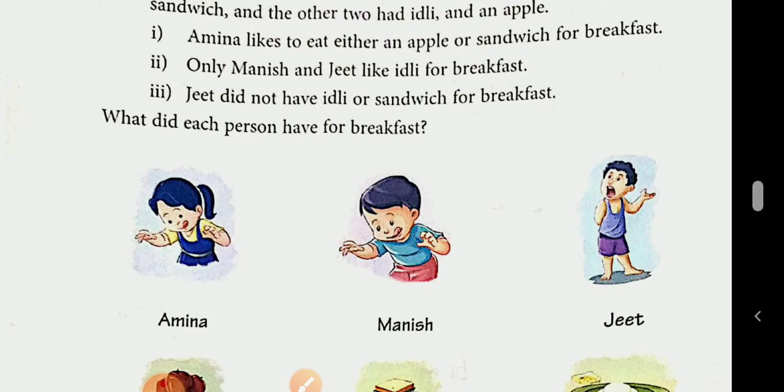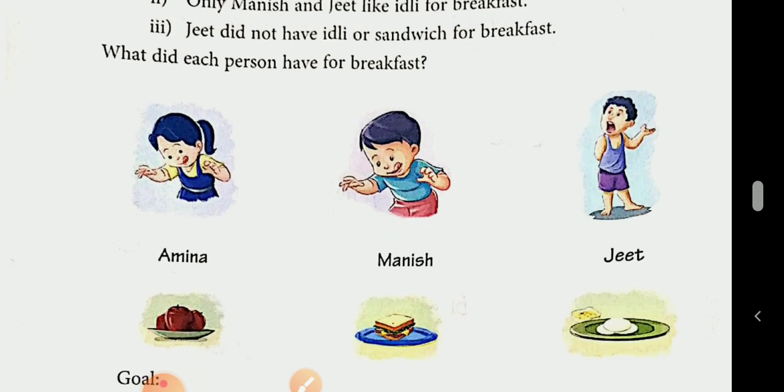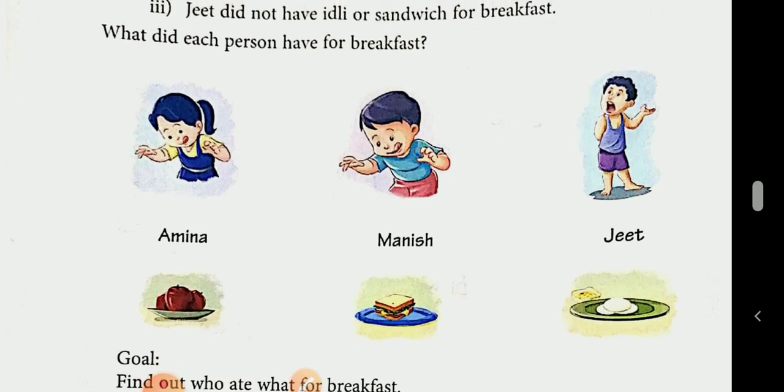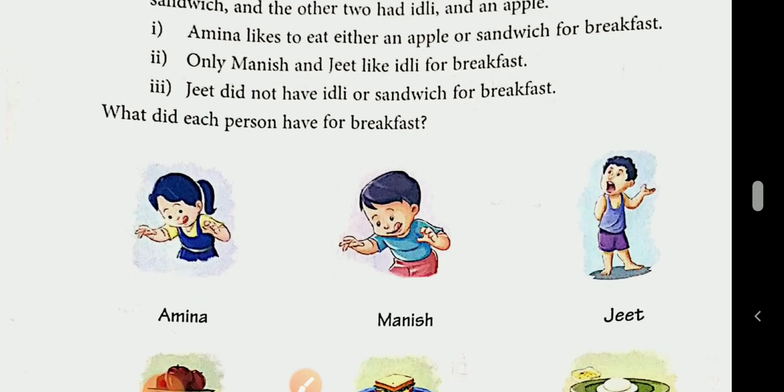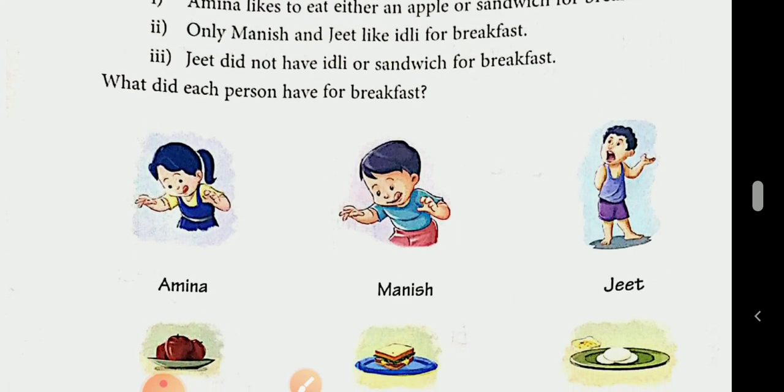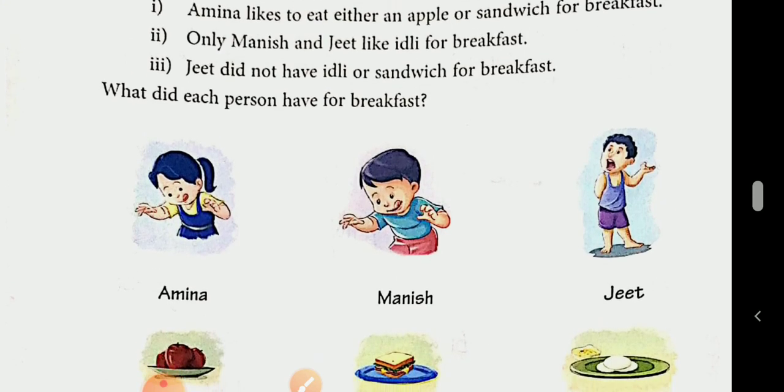It means Amina likes only apple and sandwich. Only Manish and Jeet like idli for breakfast. Jeet did not have idli or sandwich for breakfast.